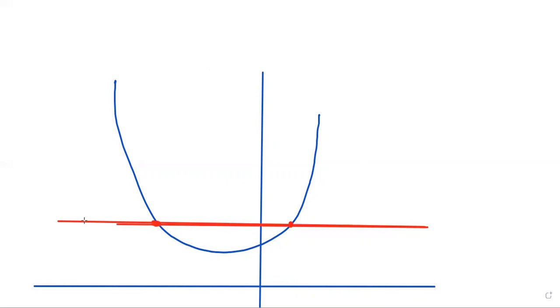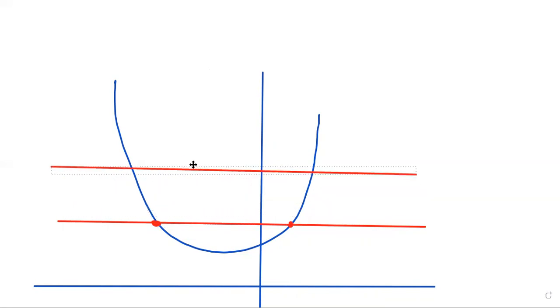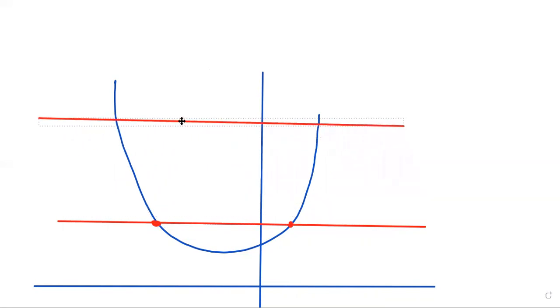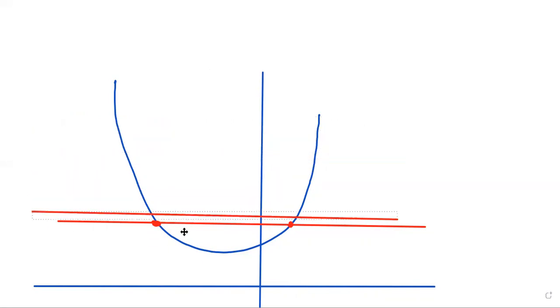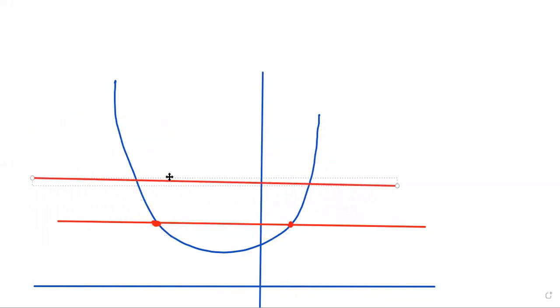So this relation is a function, by the way, but it's not one-to-one. The horizontal line always cuts the curve at 2 points, so it's not one-to-one, okay?